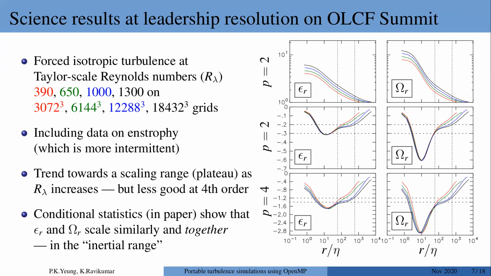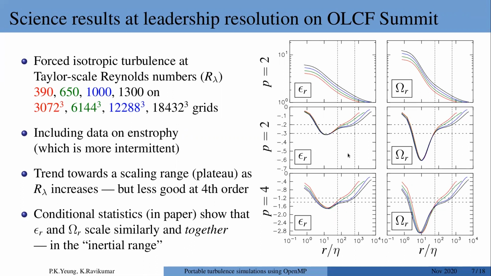Now, at the top row we have the second moment, and we take the so-called logarithmic local slopes to try to deduce the exponent. If there's a well-formed scaling region, then we have a plateau where the curves in the middle would be flat, and that works quite well for both variables that we're considering.